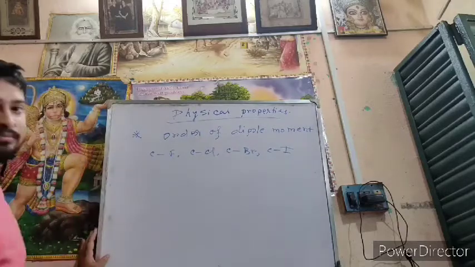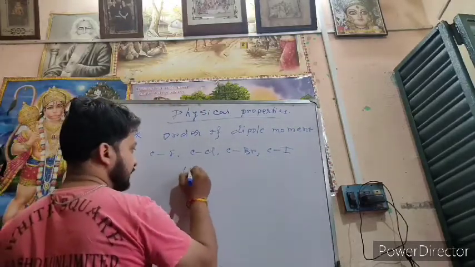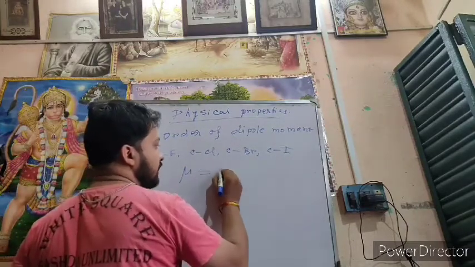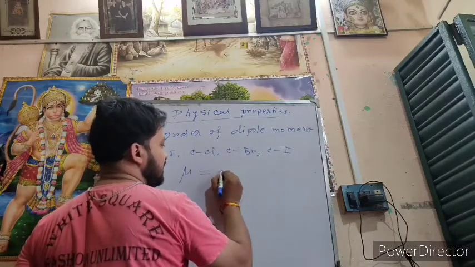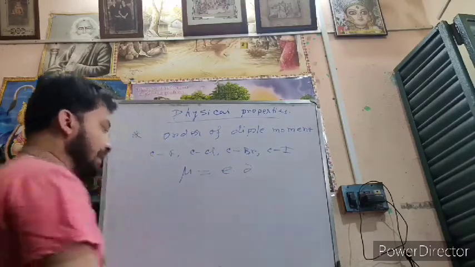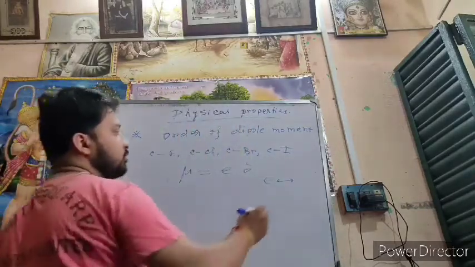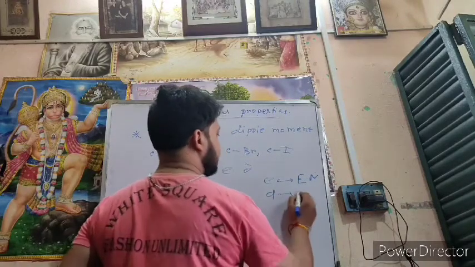We know we have a simple formula, that is mu equals e times d. What is e? e is the electronegativity reference, and d is the distance.